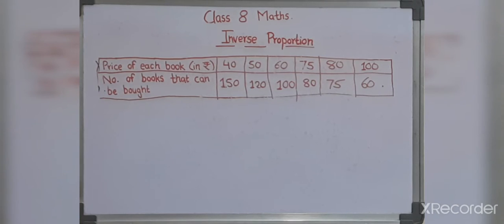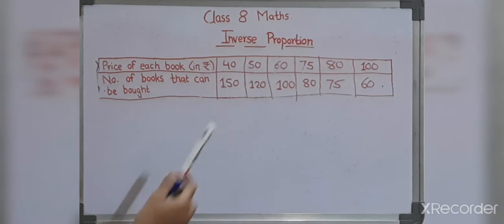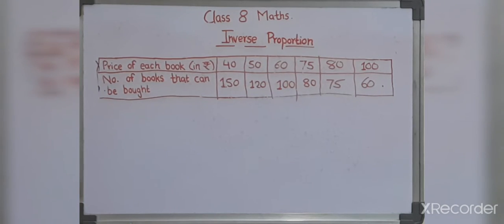So here we see that as the price of book is increasing, the number of books that can be bought is going on decreasing. In other words, we can say that here increasing in one quantity is causing decrease in the another one. So we can say that both quantities are in inverse proportion.